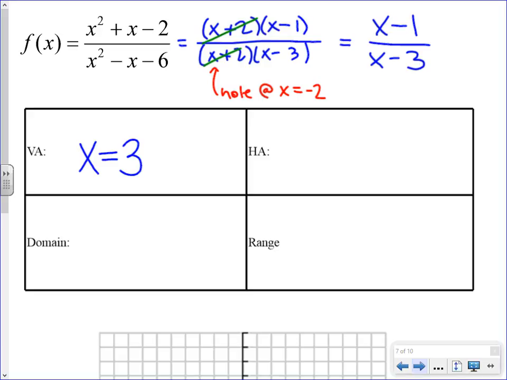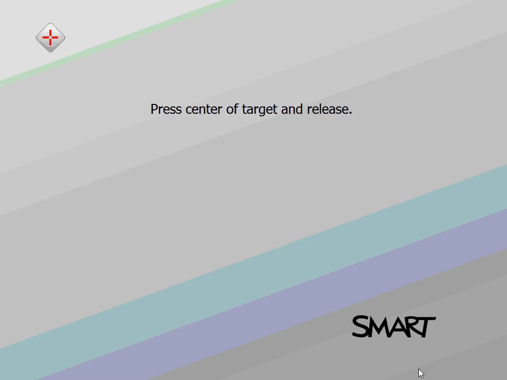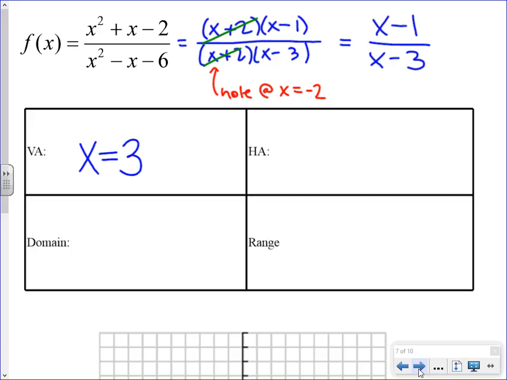Okay? The degree of our numerator compared to the degree of our denominator. Same, bigger, smaller. Same. Okay. So Gabe, what's our horizontal asymptote? Okay, we have 1 over 1.